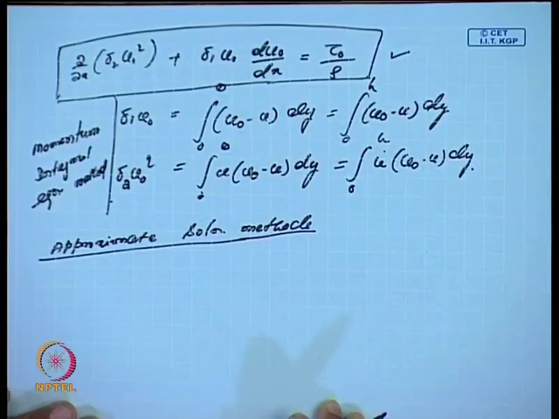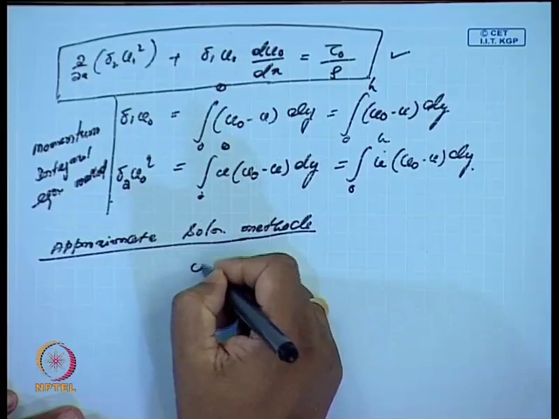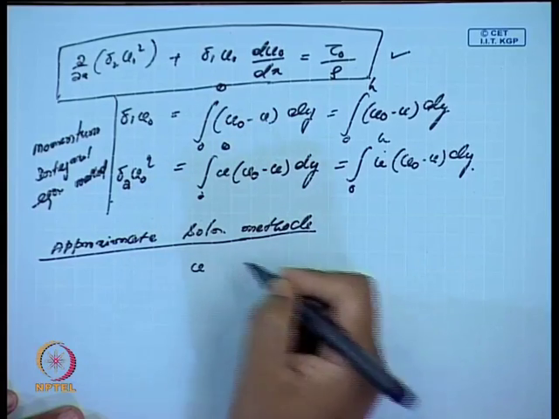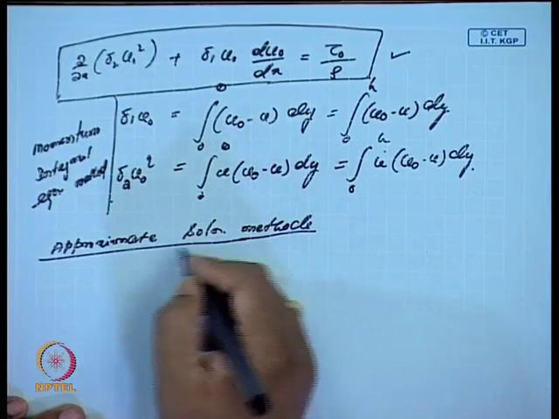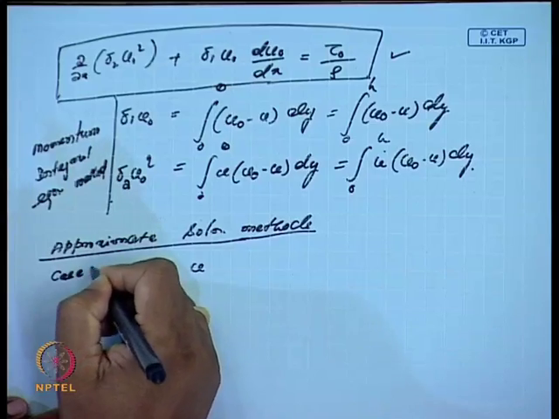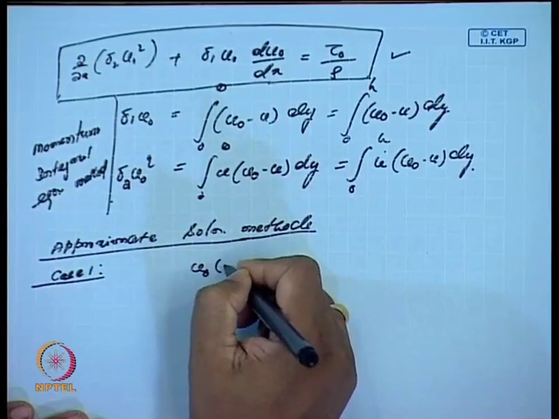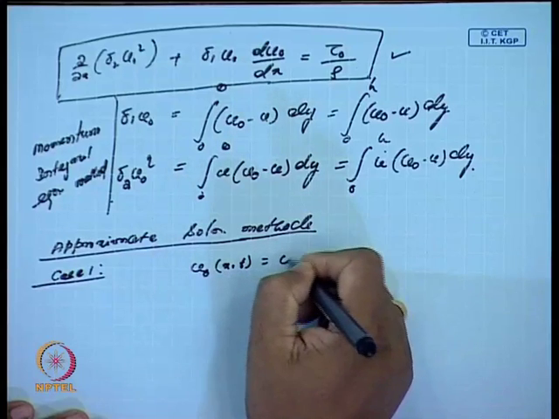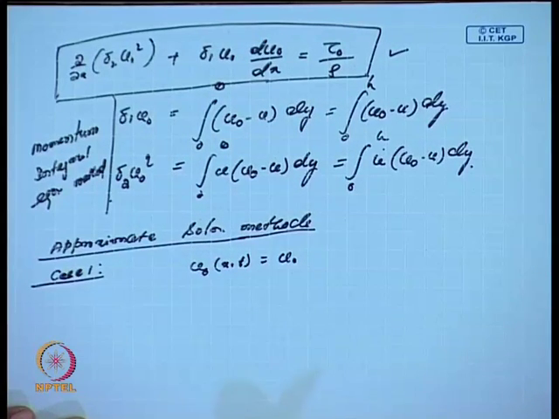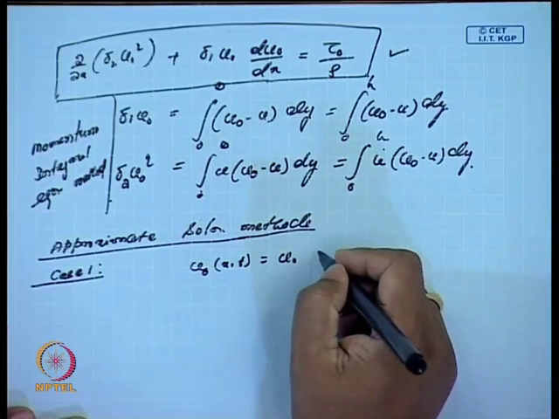There are many ways we can do that. In case 1, we will assume that u0(x, t) is constant, u0. Basically we are going to look into the same problem, the semi-infinite flat plate, when the pressure gradient is 0.